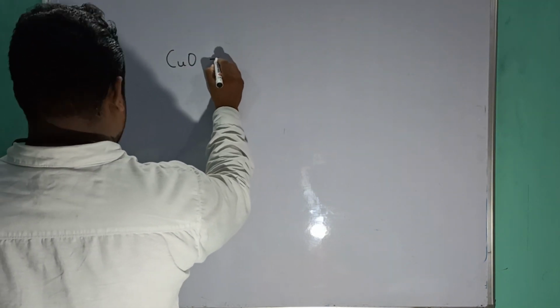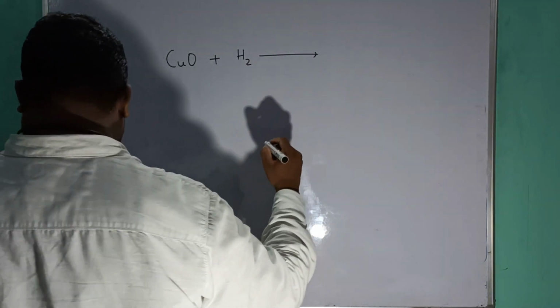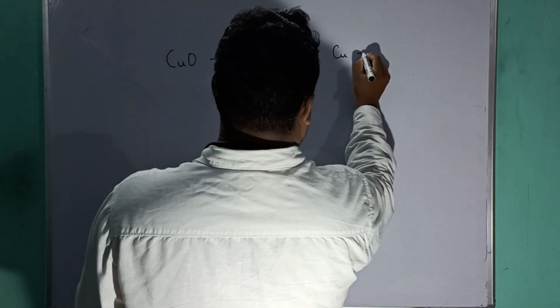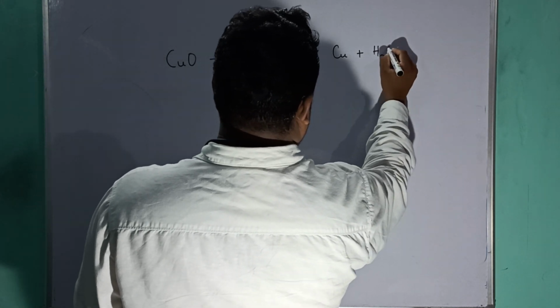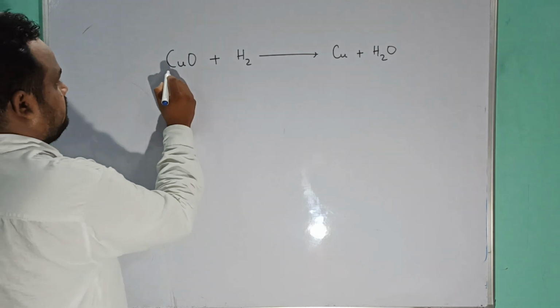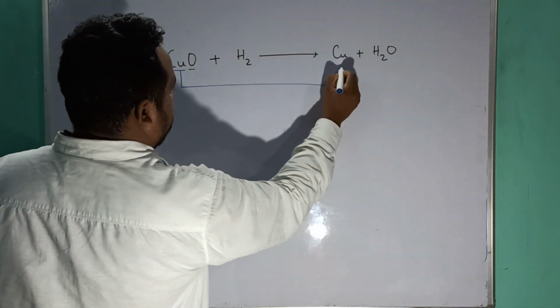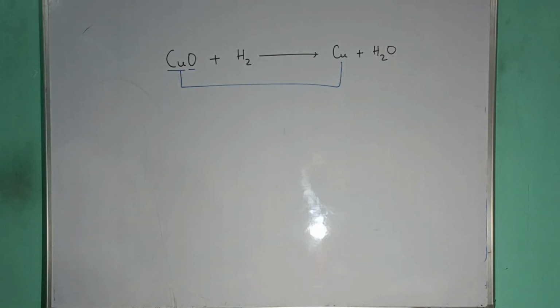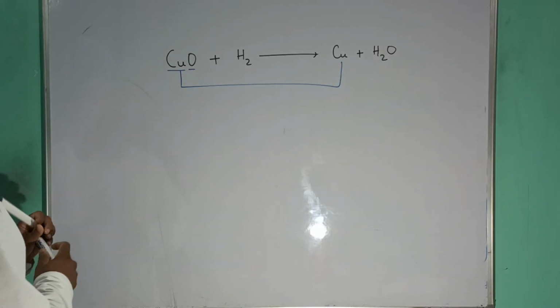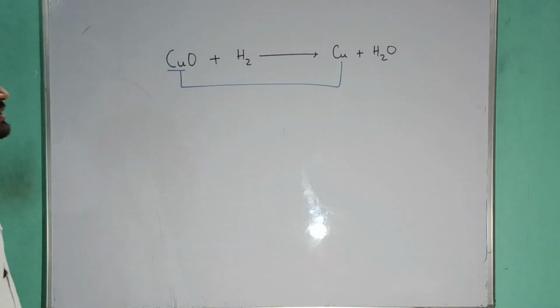Copper oxide plus H2 gives copper plus H2O. What happened? Copper oxide is converted to copper. Here one oxygen is there, here no oxygen is there.